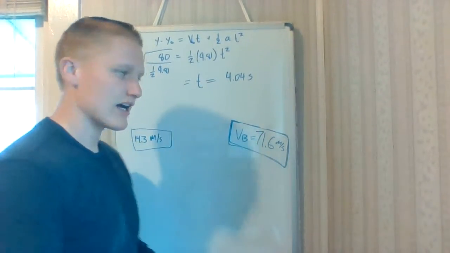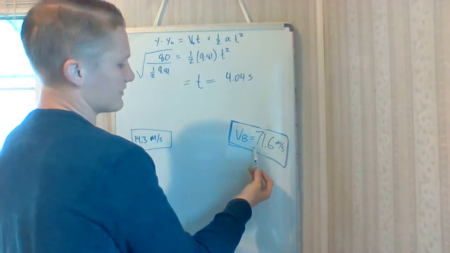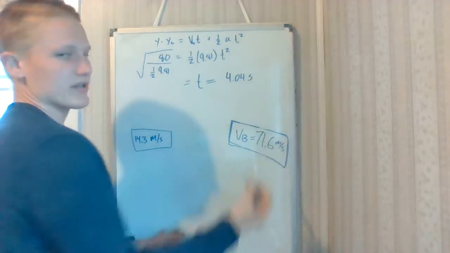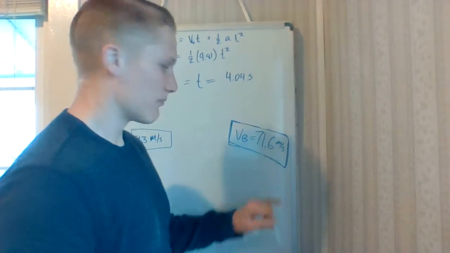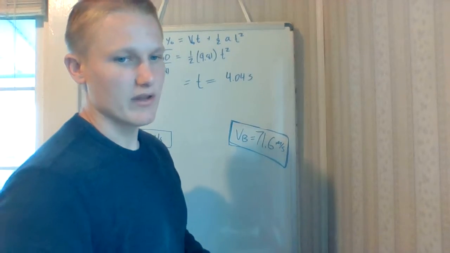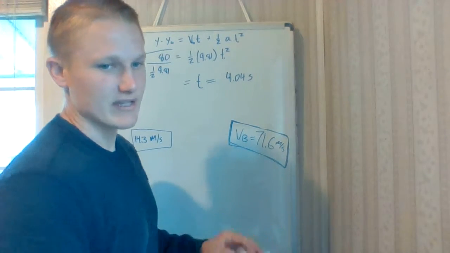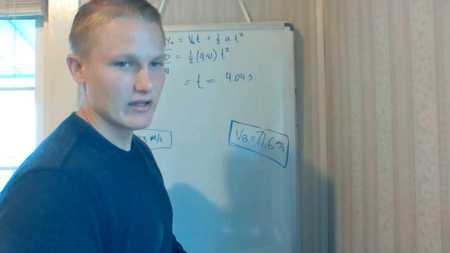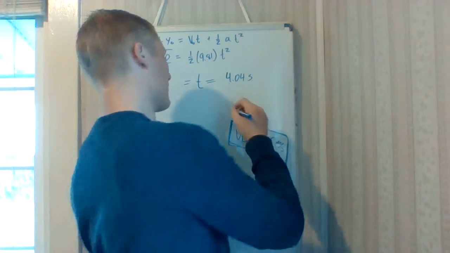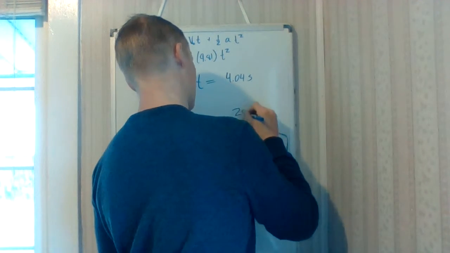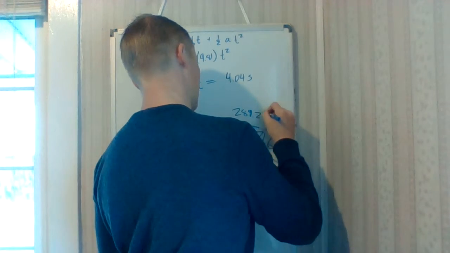Now I can take that time, take your 71.6 times 4.04. So part B, or the mass B, traveled 289.26 meters.